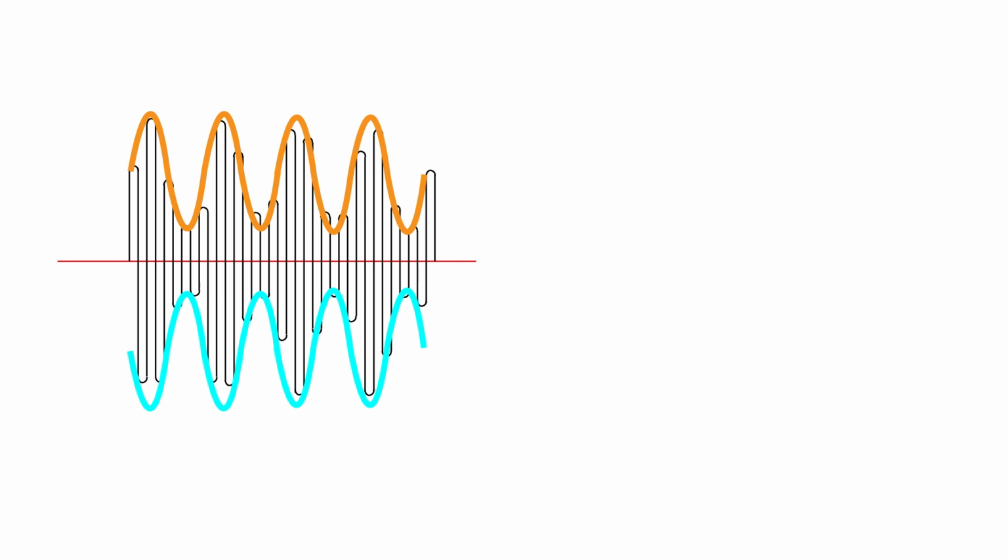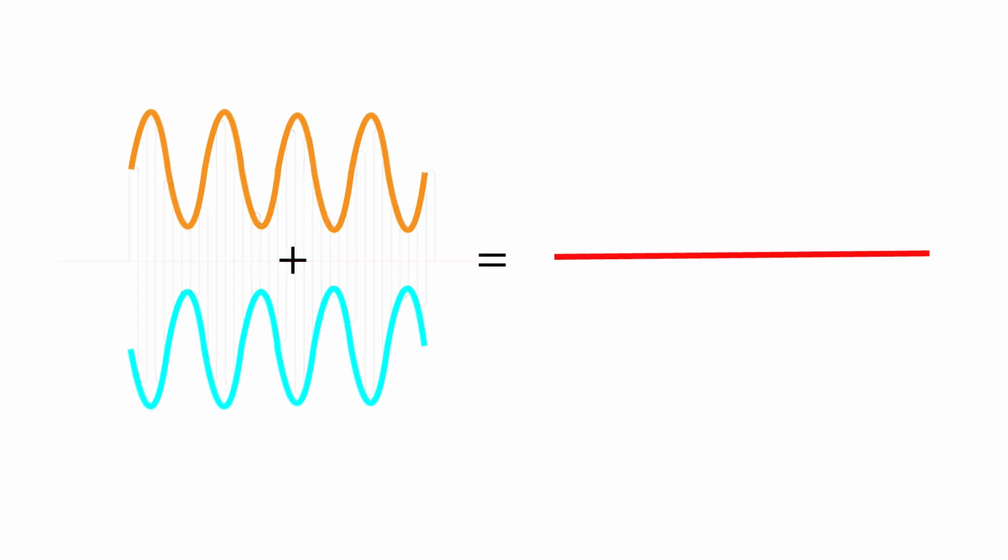Given that the amplitudes of the two copies of the original signal are identical, except that one is positive and the other negative, adding them together is always going to result in zero. In other words, if we keep both of them, they will cancel each other out.